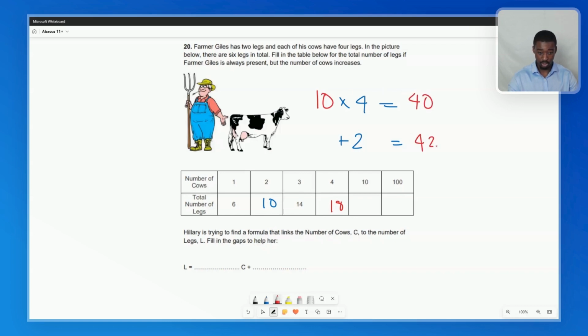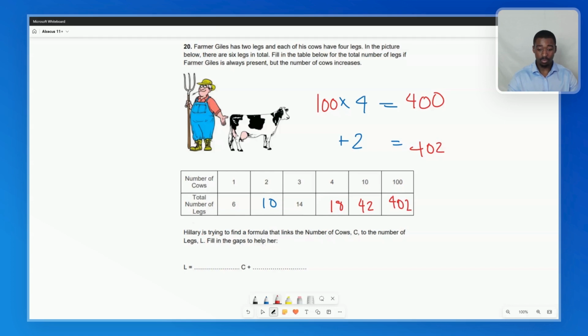Add the 2, which is 42. What about 100 cows? And notice which numbers we have to erase and which numbers we can leave in place. For number of cows, it's going to be 100 cows times the 4, 400. Add the 2, 402. So now we've filled this table.